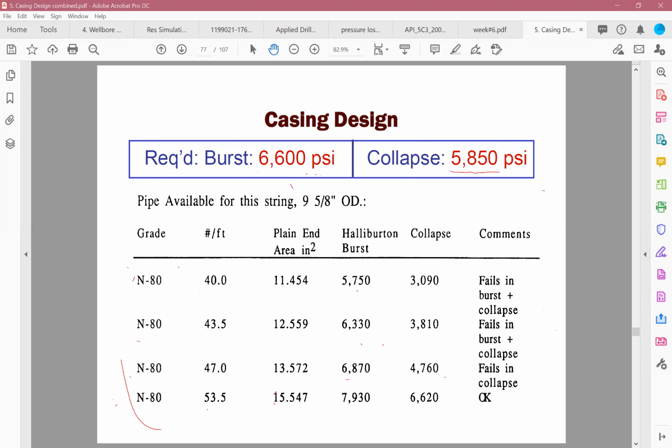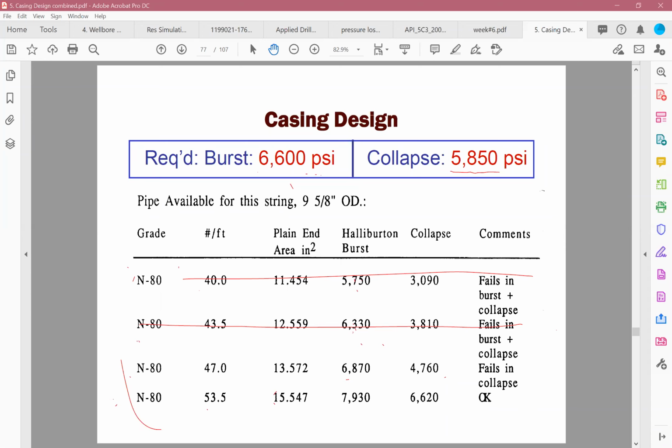So the burst requirement was 6,600 psi. And then we look at the table, we saw that these two don't satisfy the burst requirement. So these two are out, right? And then these two satisfy the burst requirement. So we could use either of these two, right? But we also need to check for the collapse.